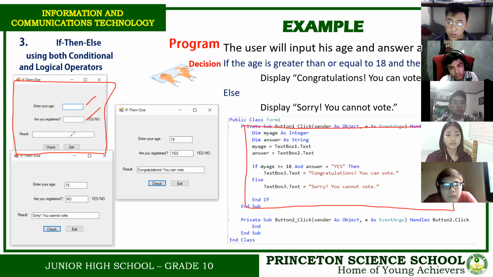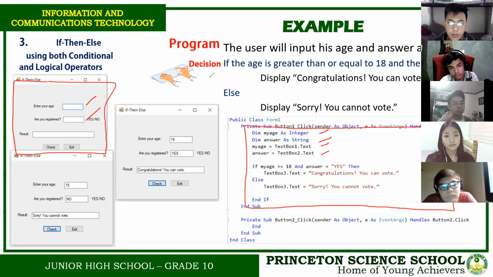If we are going to use a word, automatically in our declaration of variable we are using the string data type. Since they are different, integer and string, we cannot write them as, for example, my age, comma, answer, because they are in a different data type. Next, we assign them to their respective control, thus giving them value.